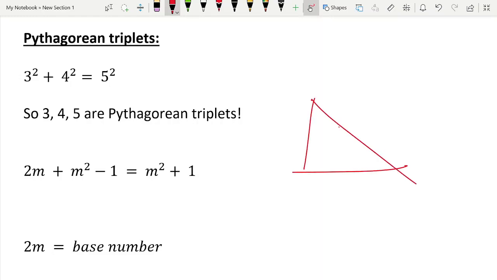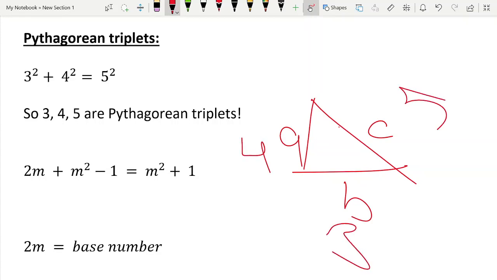If we have a right angle, and this is a, this is b, then this is c. If a is 4 and b is 3, then c will be 5. How? Because 3 square is 9 plus 4 square is 16, 9 plus 16 is 25, and the square root of 25 is 5. So that's our Pythagorean theorem.